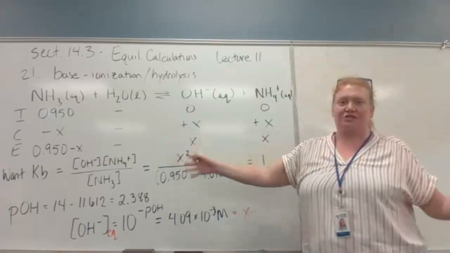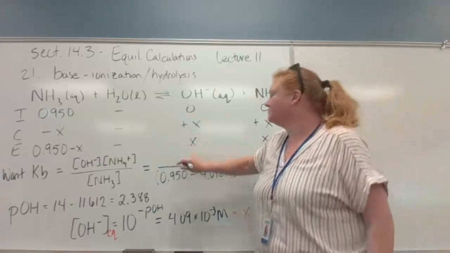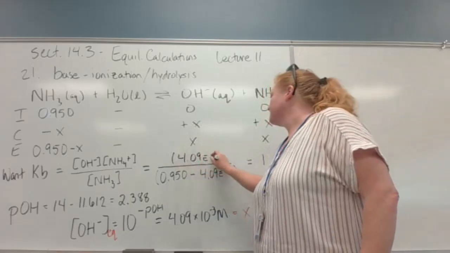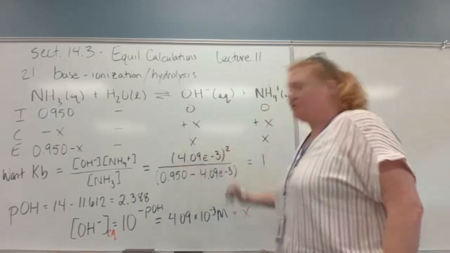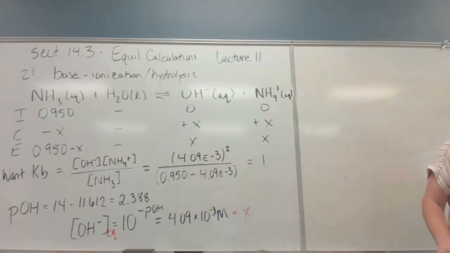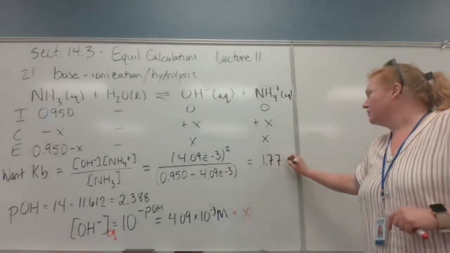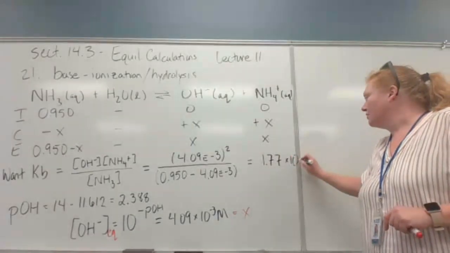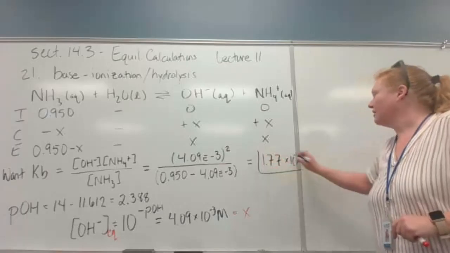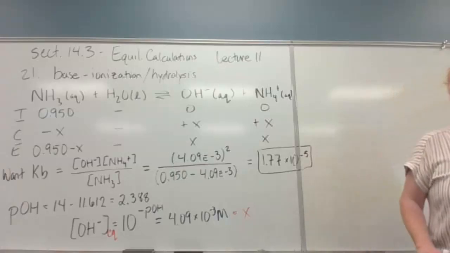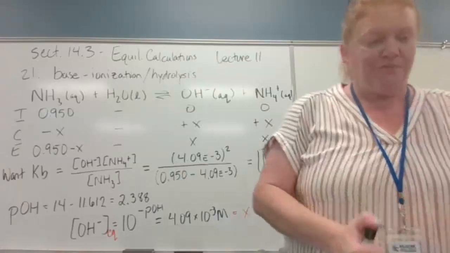Oh yeah, I just wrote an x, but you would use the number there. Yes. I got a KB of 1.77 times 10 to the negative fifth. Yes, good job, Joe.